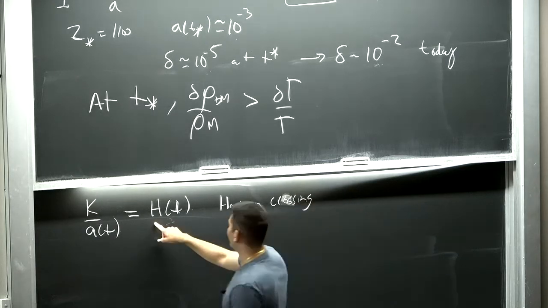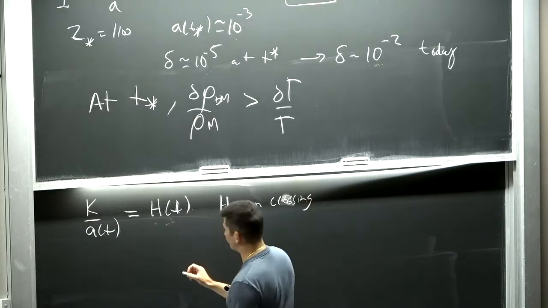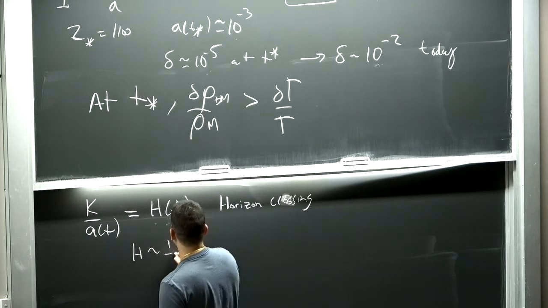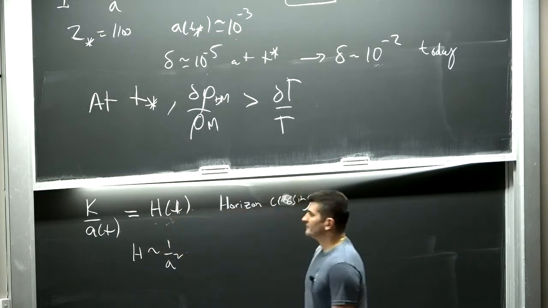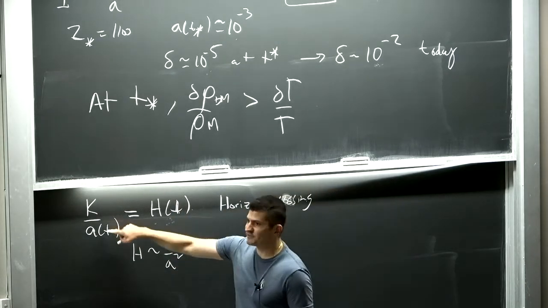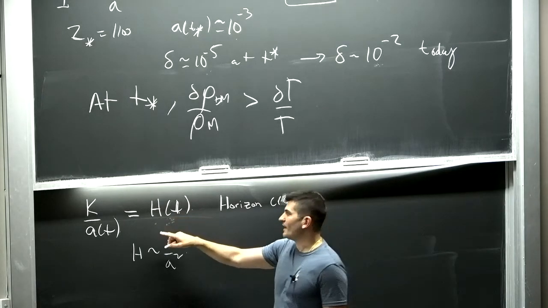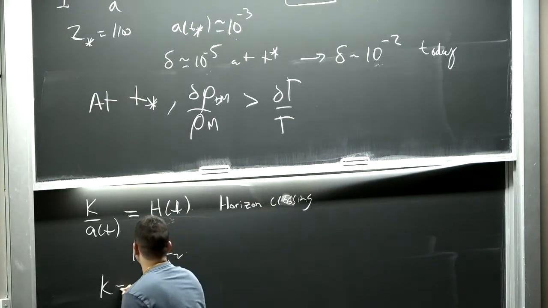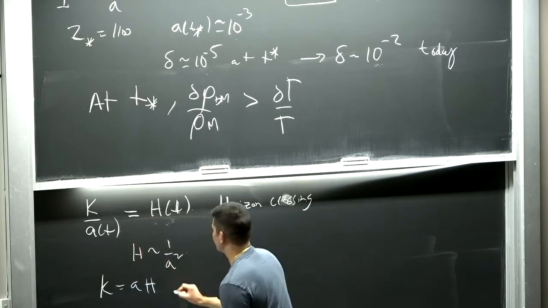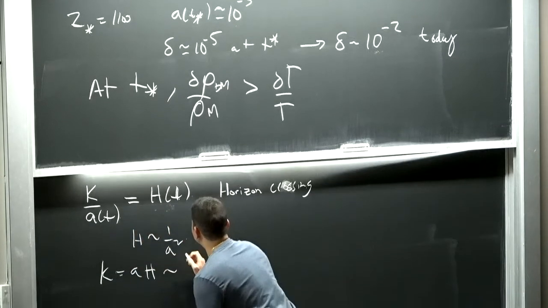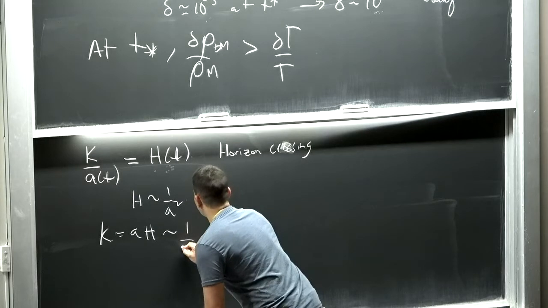Now I'm skipping one step here. I should just remind you, remember, H goes like 1 over a squared. So even though this is getting smaller, H is getting smaller faster. So this equation, k equals aH, goes like 1 over a.